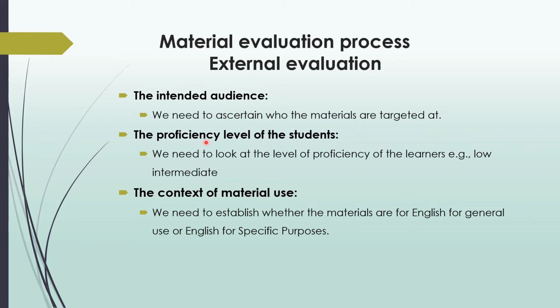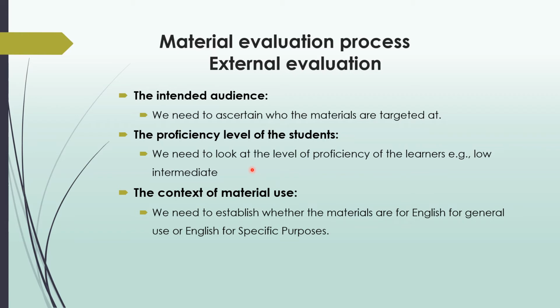And then the proficiency level of the students, whether the learners are low intermediate or upper intermediate. We need to observe the proficiency level. And of course, we also need to look at whether the claim of the material resembles the difficulty.